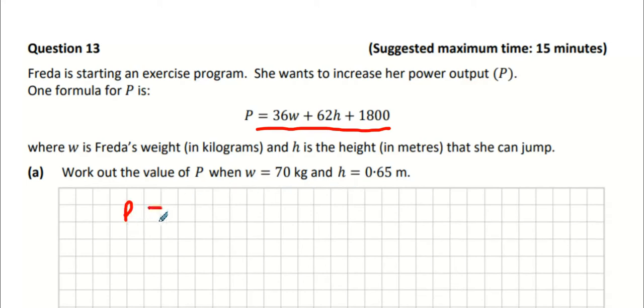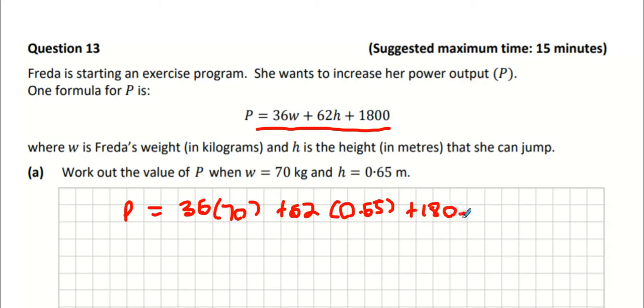Well, her p-value is going to be 36 times 70 plus 62 times 0.65 plus 1,800. Put all that into the calculator, and you get 4,360.3.